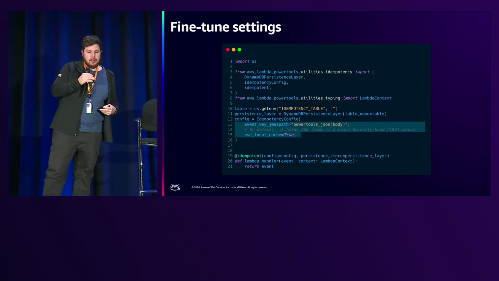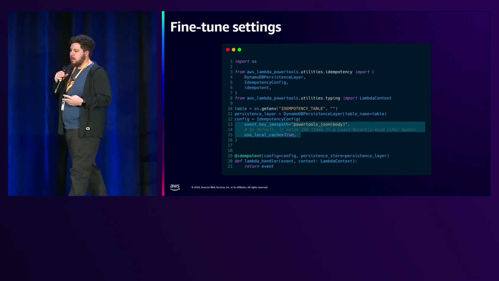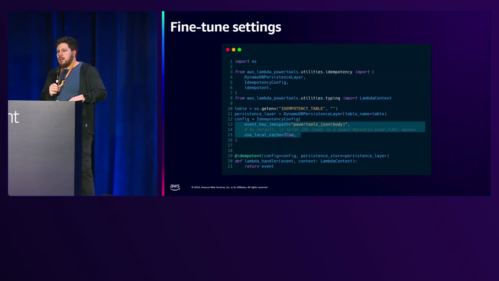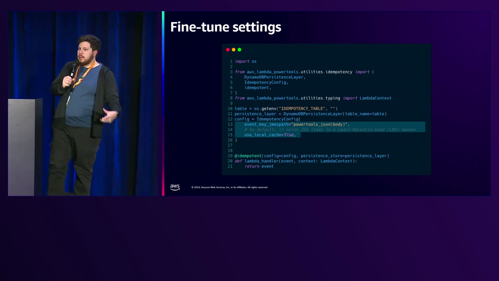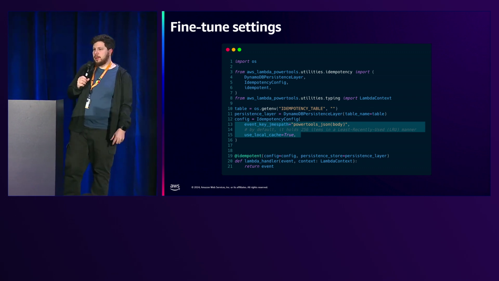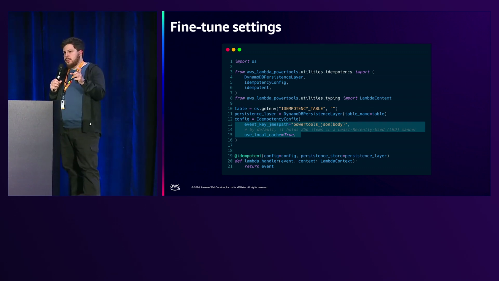Now, you can also configure more settings. If you've been paying attention to that example, you might have thought, hey, if I'm using an API like API Gateway, the payload might be a JSON stringified payload. So how do I do that, because it's a string?